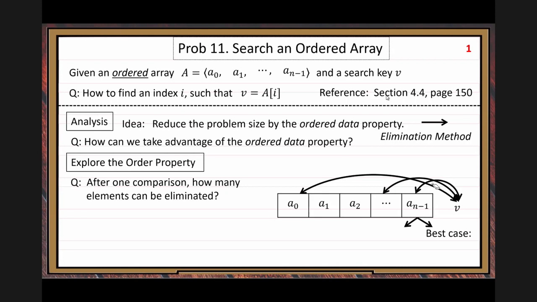V cannot be found in the given array, because V is greater than the largest element in the array. That's the best case. One comparison, we can make the conclusion. In other cases, we need to do much more work. So we need to consider these two cases.